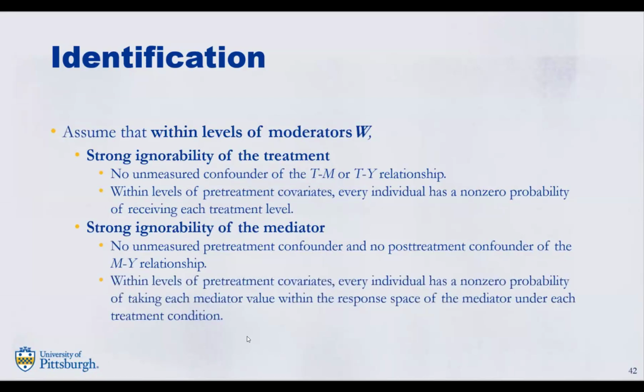Within levels of pre-treatment covariates, every individual has a non-zero probability of taking each mediator value within all of the possible values of the mediator under each treatment condition. If this is violated, that means you're not able to provide the counterfactual information of the mediator under the other group, then there'll be a problem, as we discussed earlier.